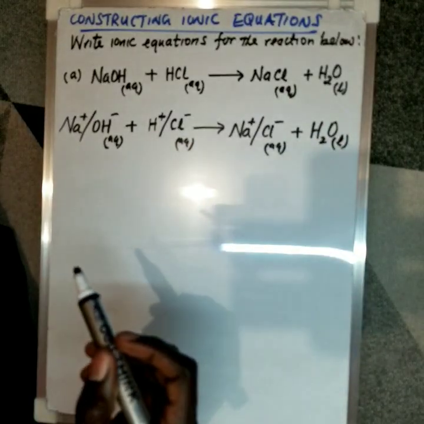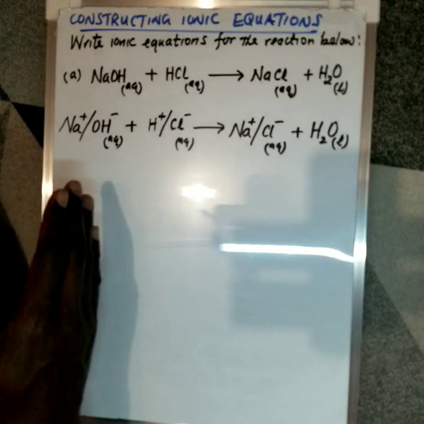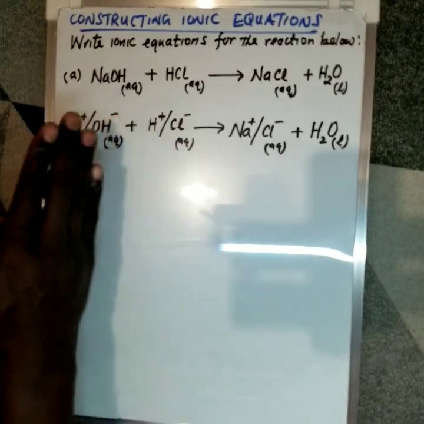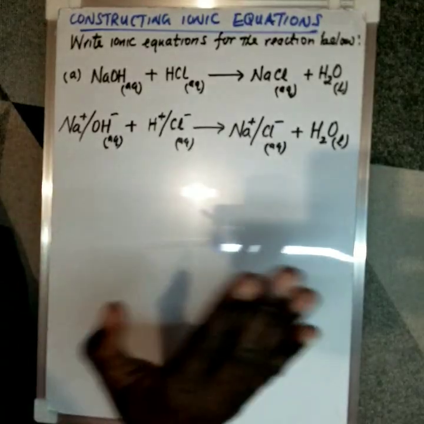Now once you split up the ions that are soluble, you need to cancel out what we call spectator ions. What exactly are spectator ions? These are ions that do not take part in a chemical reaction, and you can see them on both the left hand side and the right hand side, and they appear the same.